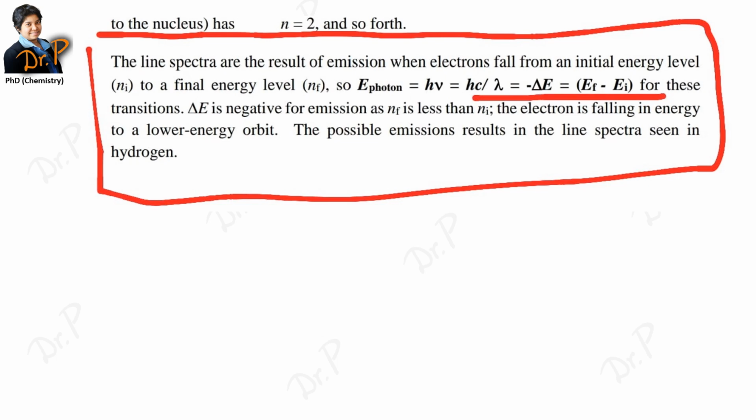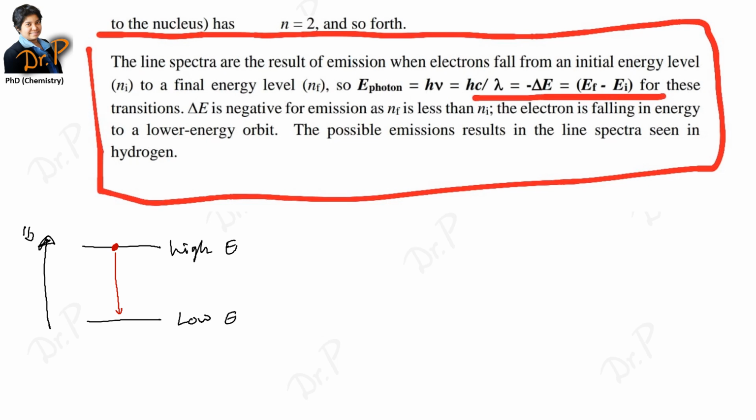In emission spectra, you have two energy levels. In this direction, our energy increases. And what happens in emission spectra is that an electron falls from a high energy level to a low energy level.